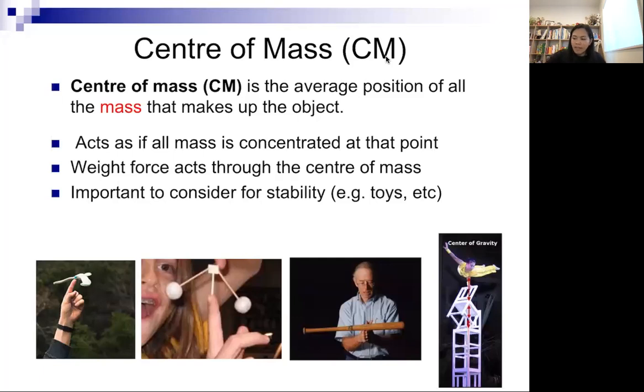Okay, and the center of mass is an important concept, for example, in designing toys. So this dragonfly here is an extended object, but if you want to find its center of mass, you need to find that point where this whole thing balances.